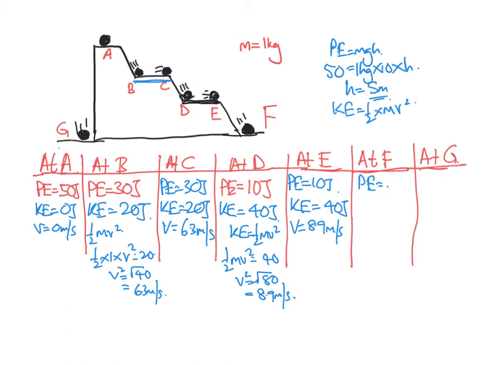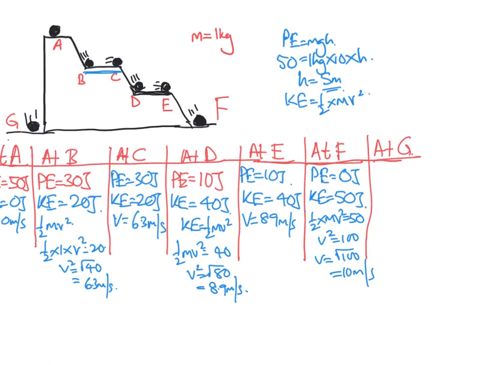So PE equals 0 joules. Since it is still moving at F, KE should be 50 joules. If KE is 50, then half m v squared equals 50. With m equal to 1, v squared equals 100, therefore v equals the square root of 100, which is 10 meters per second.